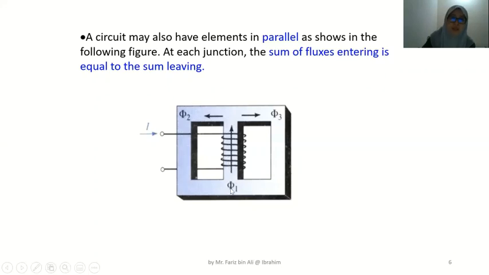The summation of this flux 1 is equivalent to flux 3 plus flux 2. What is entering this point is equivalent to what is leaving at this point. The fluxes that leave at this point are flux 2 and flux 3. So flux 1 is equivalent to flux 2 plus flux 3.